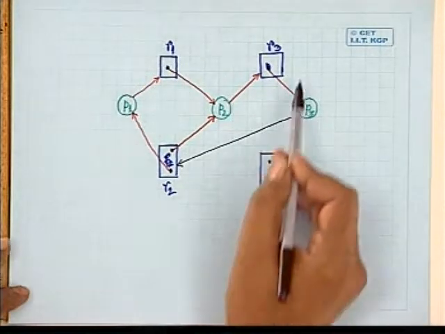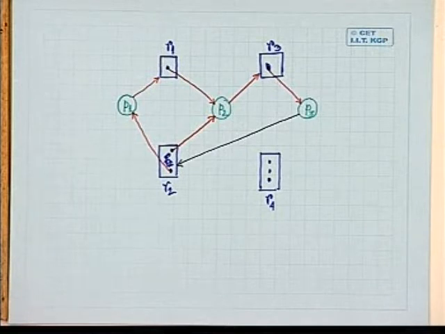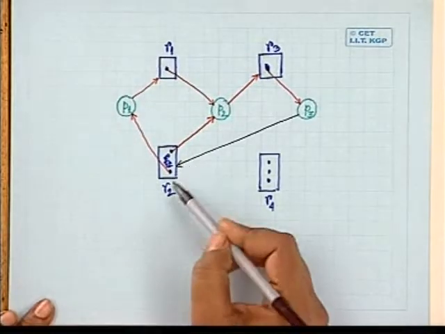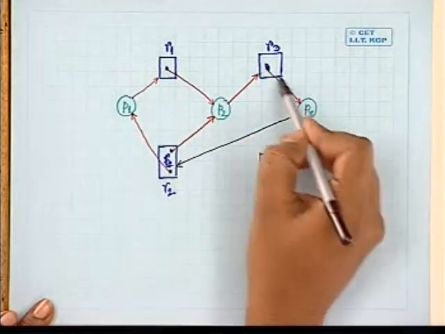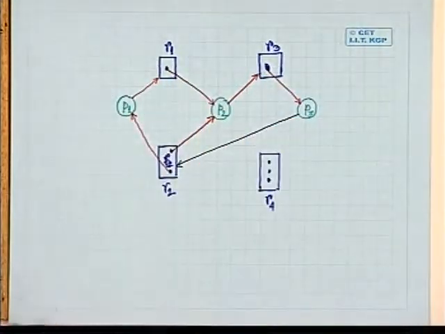Okay. So from this resource allocation graph, one point is quite clear: if in a resource allocation graph we find that there is a cycle, and you find that there are two cycles in this graph, one is this, the other one is this. Okay. So if there is a cycle in the graph, then there can be a deadlock. Again, I am saying there can be a deadlock. There may not be a deadlock.